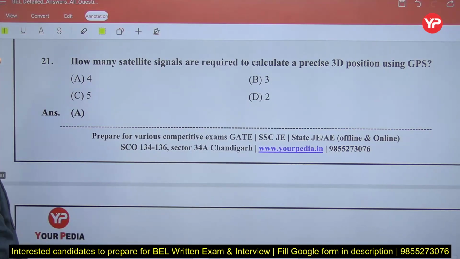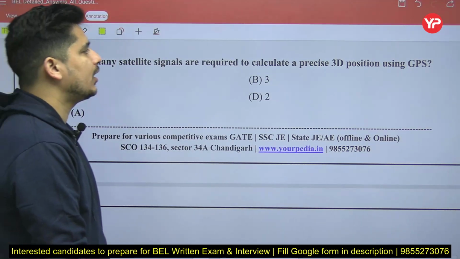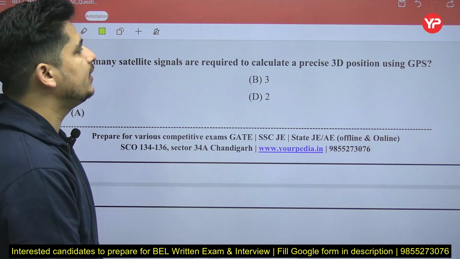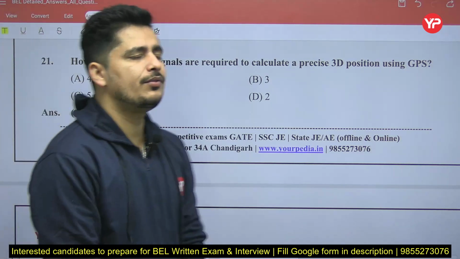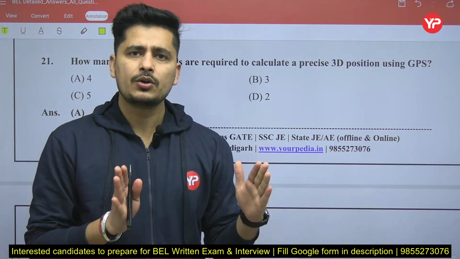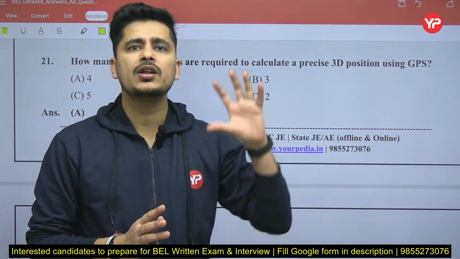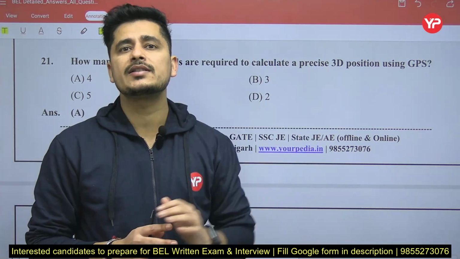How many satellite signals are required to calculate a precise 3D position using GPS? See, basically, a 2D figure we can print with the help of 3 satellites.